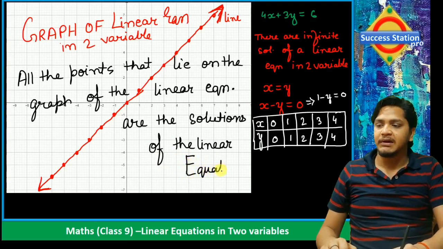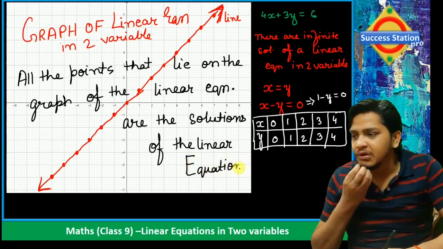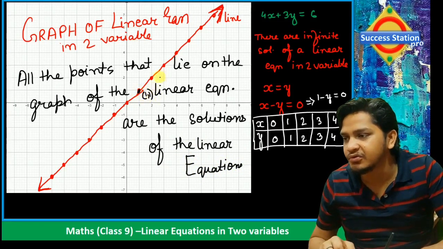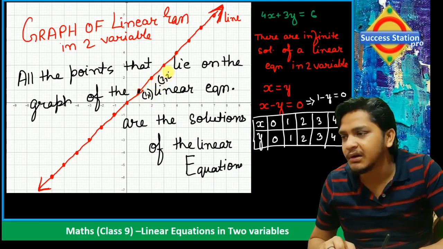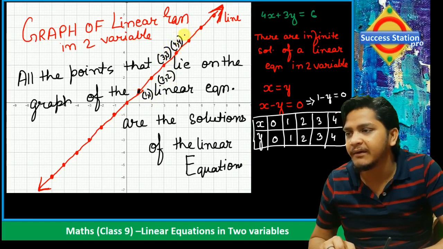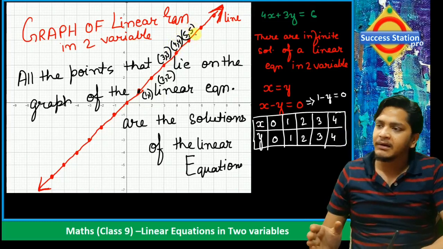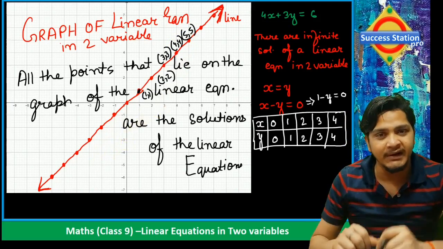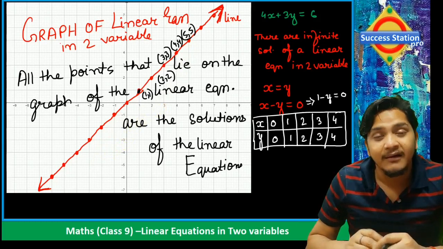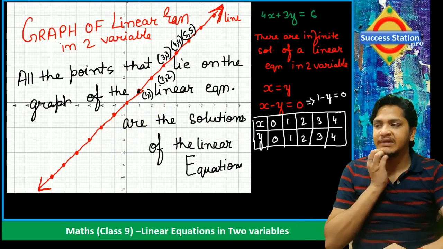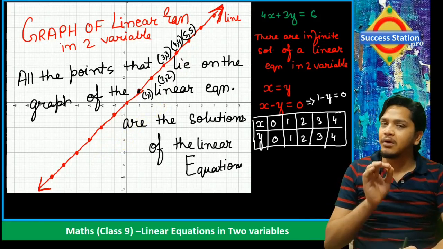Remember very nicely. It passes through 1, 1, so 1, 1 is a solution. It passes through 2, 2, so 2, 2 is a solution. 3, 3 is a solution. 4, 4 is a solution. 5, 5 is a solution. Clear? So every point that lies on the line, and this line can go up to infinity. So how many solutions? Infinite solutions. All the points that lie on the graph.